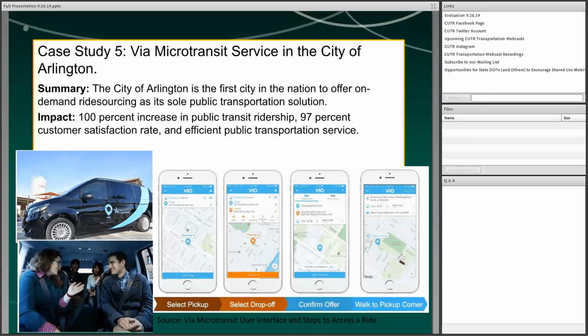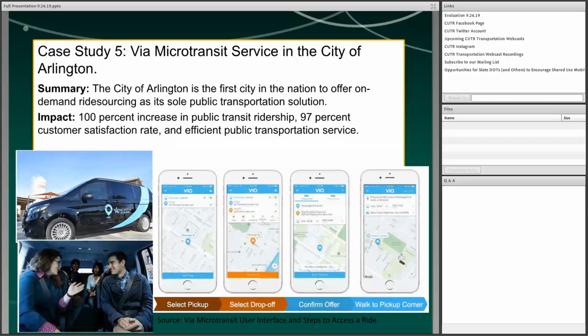With this system, customers can book a ride in one of their vans using the Via smartphone application, and their sophisticated technology will match the customers with other riders going their way. The figure on the right corner here illustrates steps involved in booking a ride using the Via mobile application. And for users who do not have a smartphone, rides can be requested by calling a live support phone line.